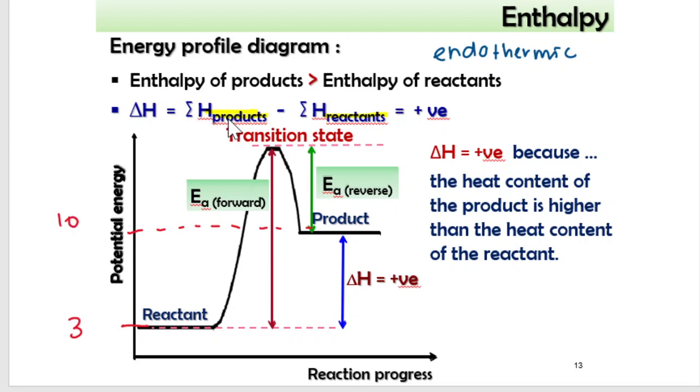Okay, so product tolak reactant, product 10 enthalpinya, and then reactant 3. So 10 tolak 3, kamu akan dapat 7, positif 7, right? So bila delta H is positive, means you will have an endothermic reaction. Maksudnya heat is being absorbed from the surrounding.